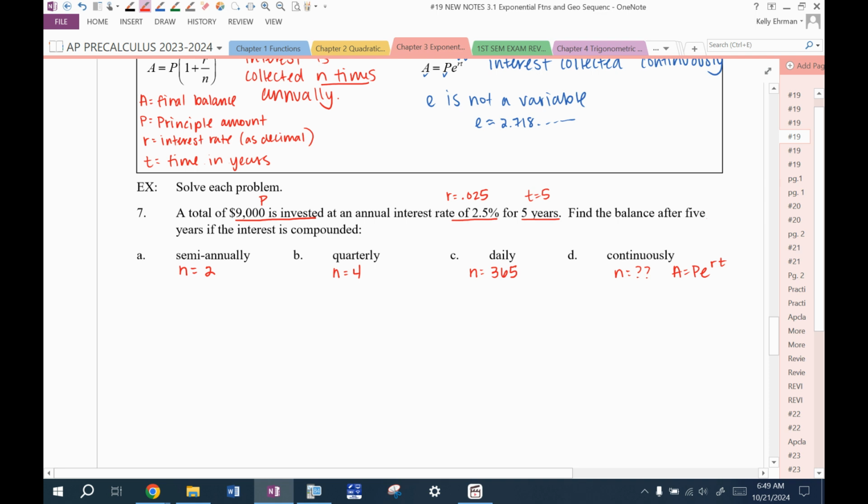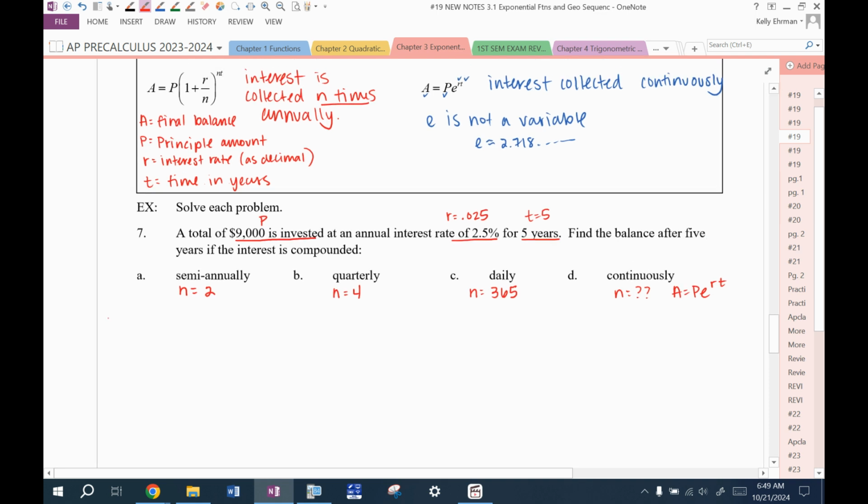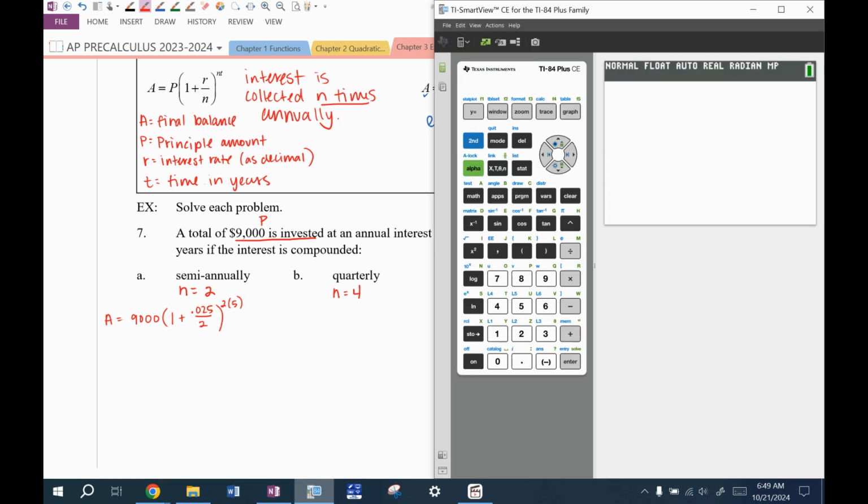All right, so let's set up our formula. So again, you need to have this memorized. It will be A is equal to 9,000 times 1 plus 0.025 over N, which is 2, raised to the NT, so 2 times 5. Let's go ahead and calculate that.